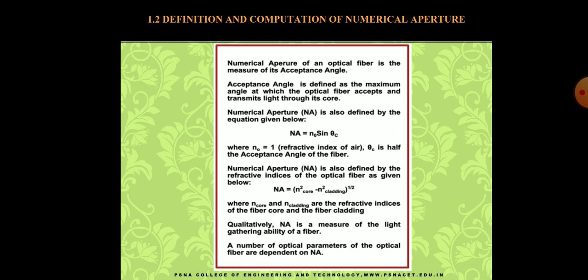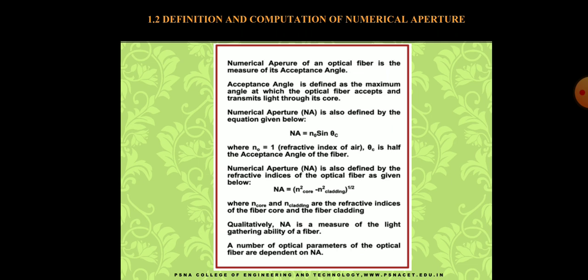So next we are going to see the basic definition and computation of the numerical aperture. We are going to study the numerical aperture definition in detail. The numerical aperture of an optical fiber is the measure of its acceptance angle. So now we are going to define the meaning of acceptance angle.